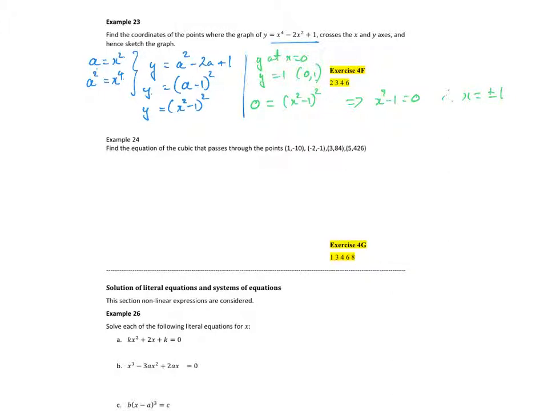So if I sketch this graph, I'll go up here. I've got a y-intercept at 0, 1, and x-intercepts at negative 1 and positive 1.